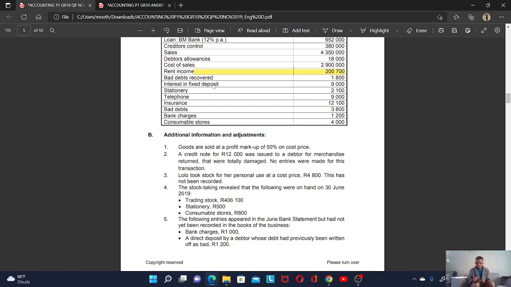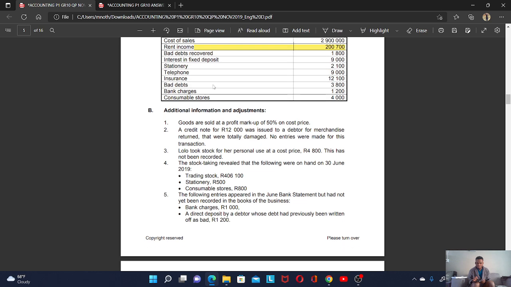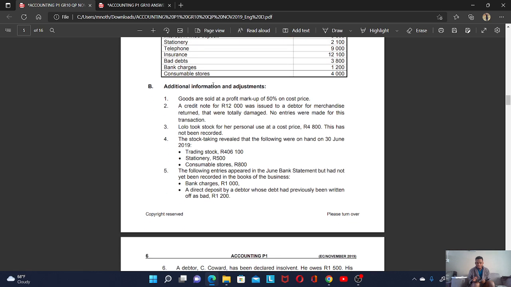So obviously in number 2, there's nothing affecting. Also number 3 is talking about the drawings, and also number 4. And then number 5: the following entries appeared in the June bank statement but had not yet been recorded in the books of the business. Number 1, we have bank charges. Number 2, a direct deposit by a debtor whose debt had been previously written off as bad, 1,200. That is a bad debt recovered.